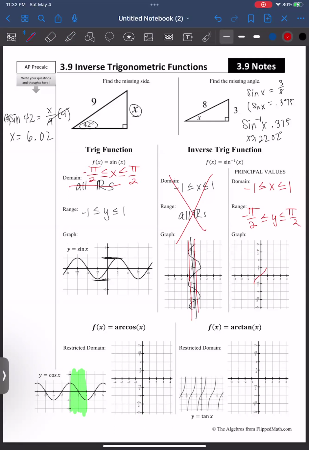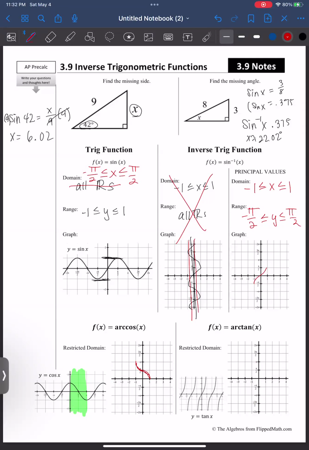It's going to be just here to here, something like that. So that would represent my arc cosine.